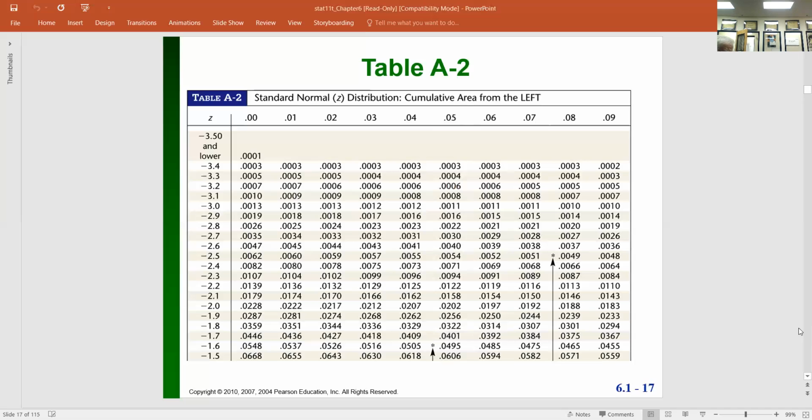Okay. Now, intuitively, we can look at that page. Looking here.